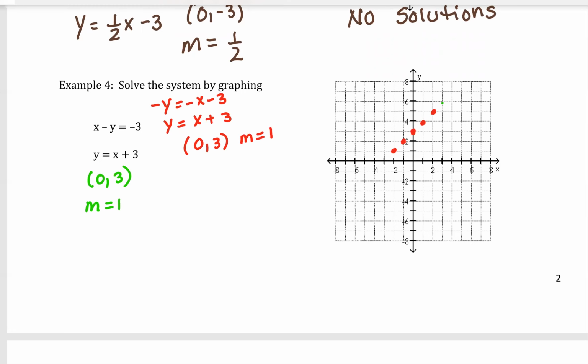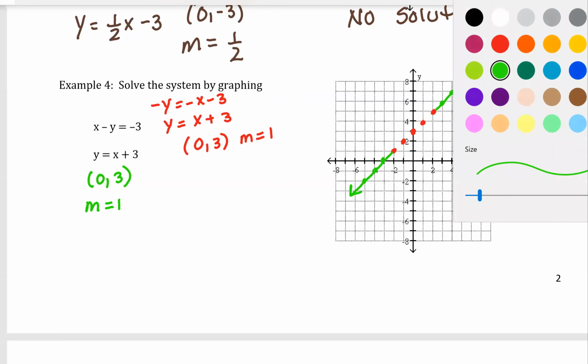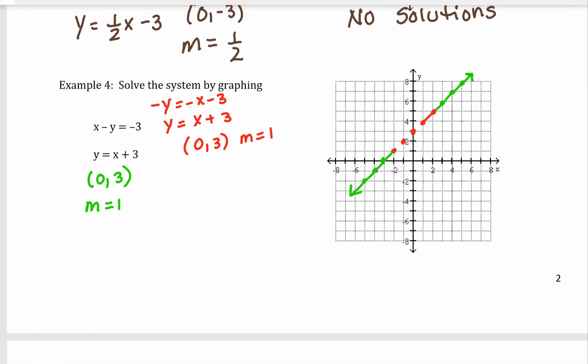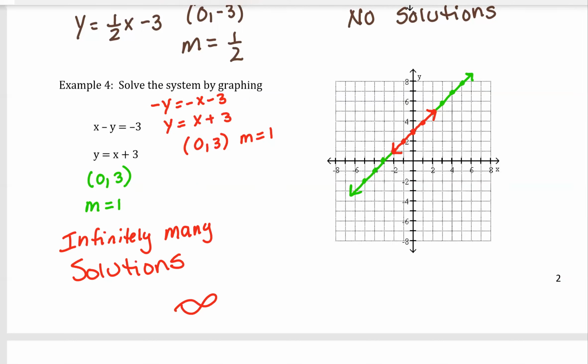So these two lines are the same. So in this case, they have infinitely many solutions. Or you can use the infinity sign.